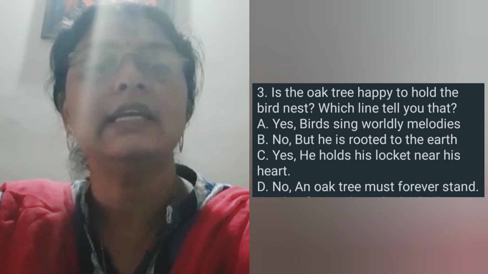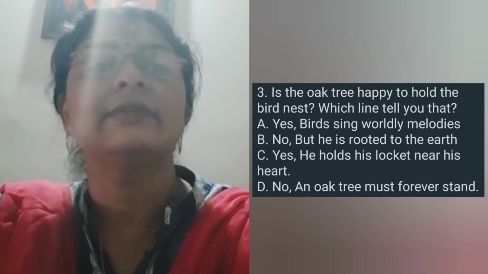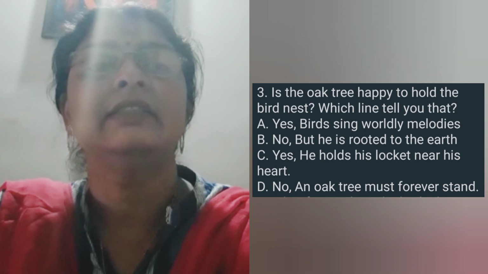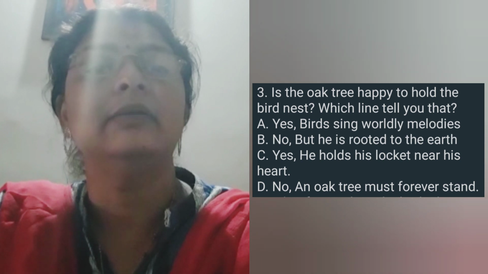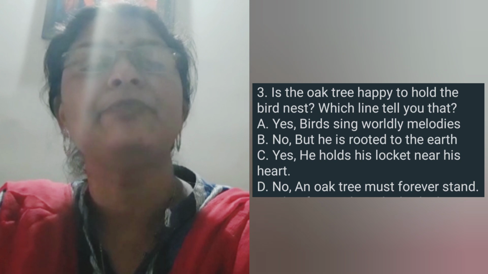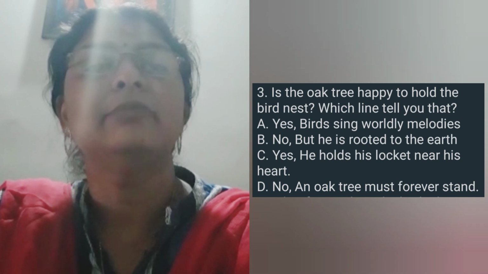Okay, so now we will move on to the third question. Hope it is clear. Now the third question: is the oak tree happy to hold the bird nest? Which line tells you that? When you go through the poem, you will understand the love relationship between the tree and the bird. There are so many examples given in the poem, but from the options given below: A, yes, the birds sing worldly melodies.